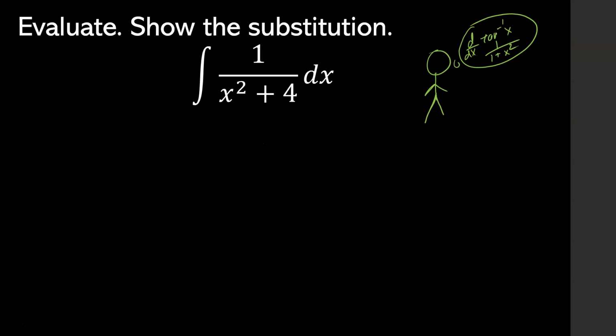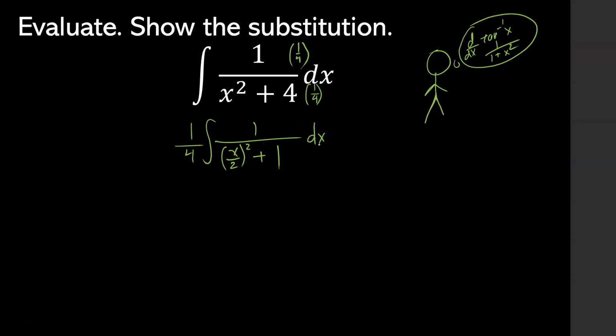So let's think. How can we turn a 4 into a 1? We're going to multiply by 1/4 in the denominator, 1/4 in the numerator, and do some algebra. 1/4 in the numerator, I'm going to bring out front of the integral. We'll still have 1 in the numerator of the integrand. And x squared times 1/4 can become x over 2 quantity squared.